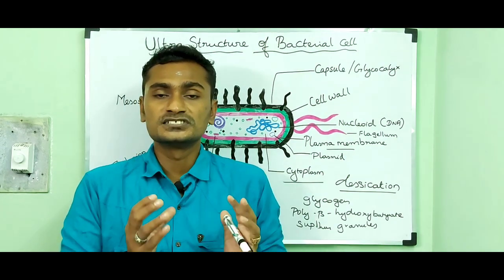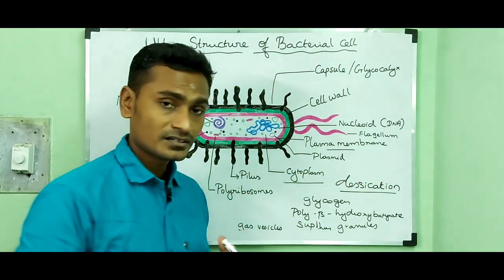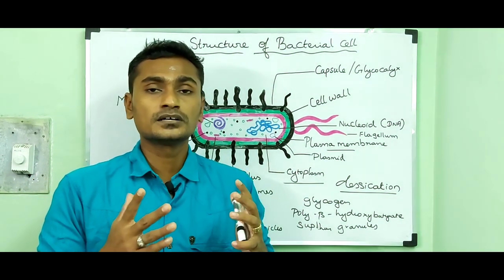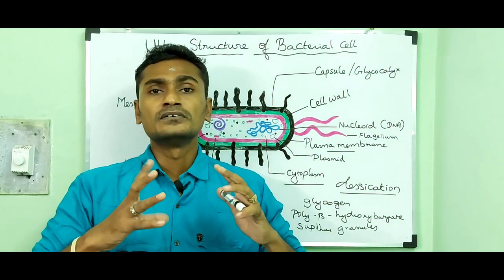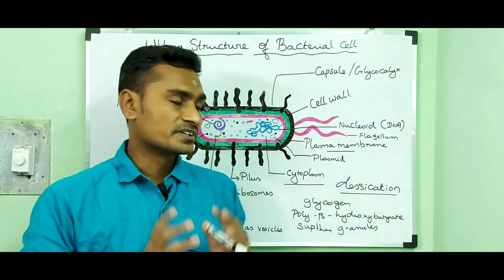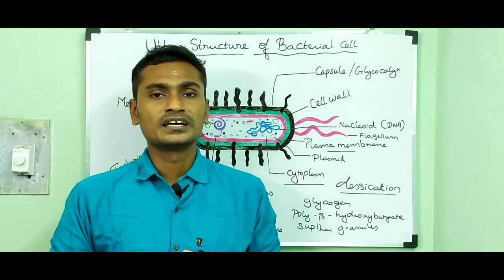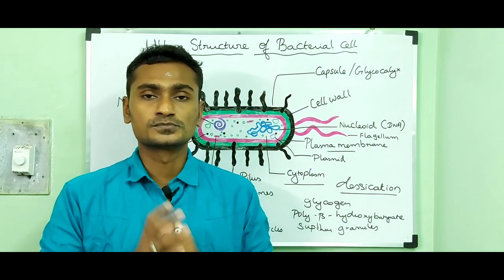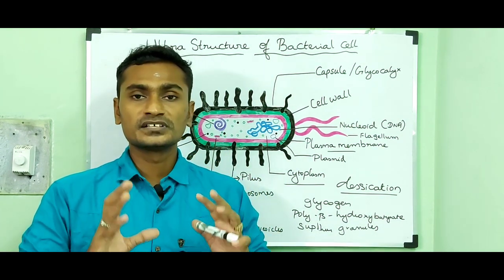That is why the genetic material of the bacteria is said to be nucleoid or genophore. Nucleoid means not a well-defined nucleus without a nuclear membrane. Genophore means it contains the chromosome and does not possess histone proteins.